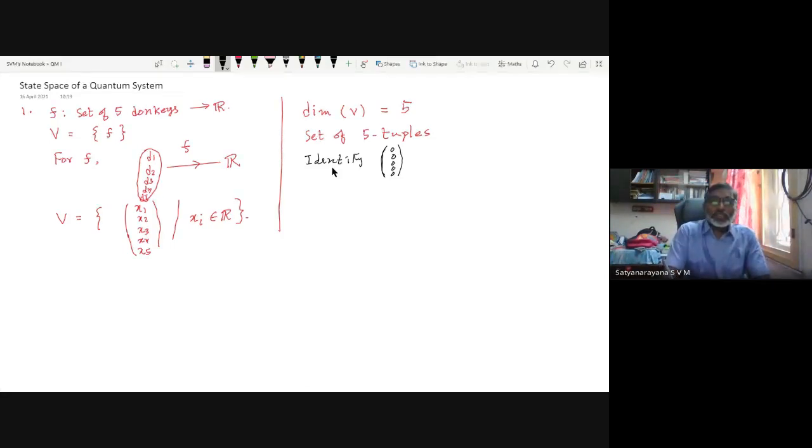See, when I say 0, 0, 0, 0, 0, there is a map in which every donkey is mapped to 0. Now, I did not tell you what this 0 is. Let's say the amount of gold that every donkey has. A donkey doesn't have any gold, so if I say the amount of gold that every donkey has is 0, 0, 0, 0, 0.